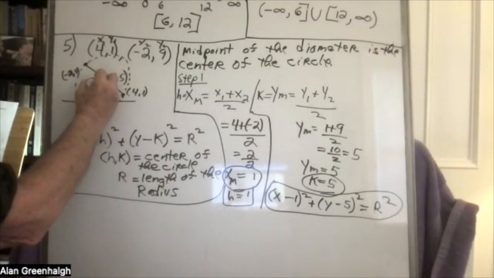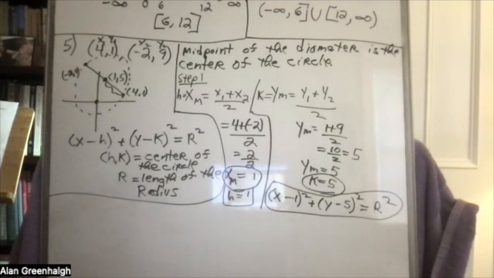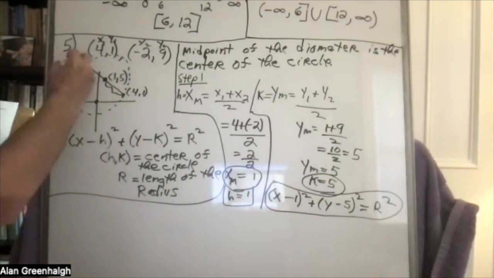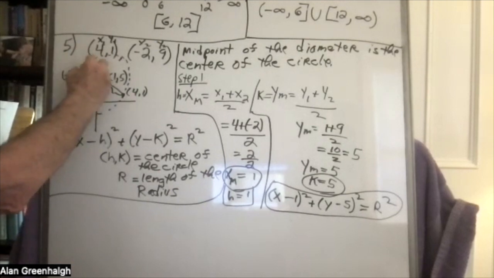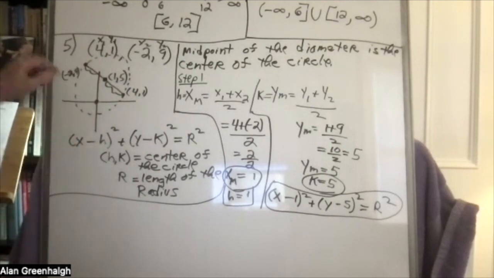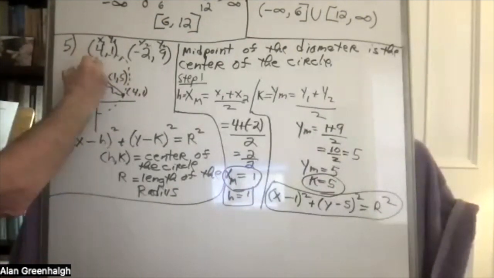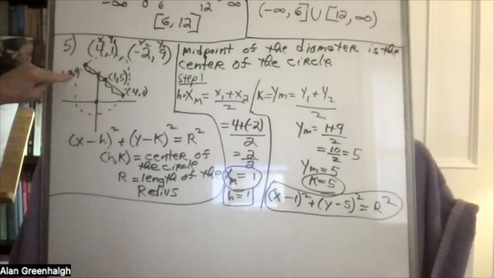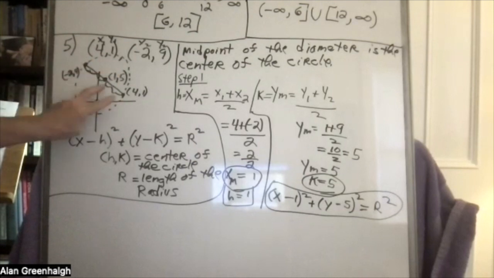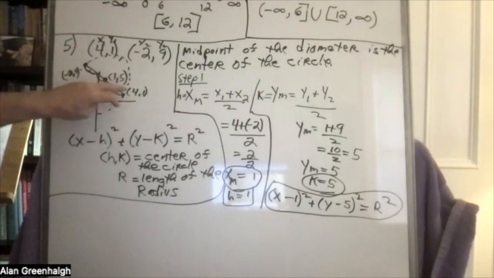The relationship between the radius and the diameter is that the radius is half the diameter. So we could either find the length of this line and use -2, 9, and 1, 5, or we could find the length of this line and use 1, 5, and 4, 1.